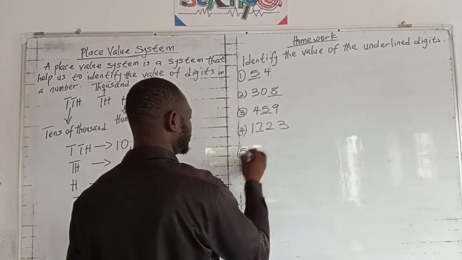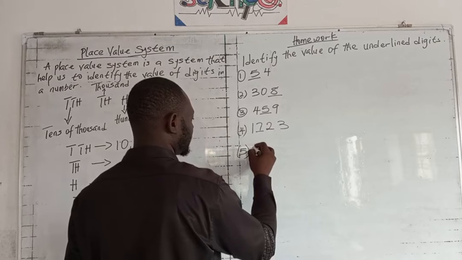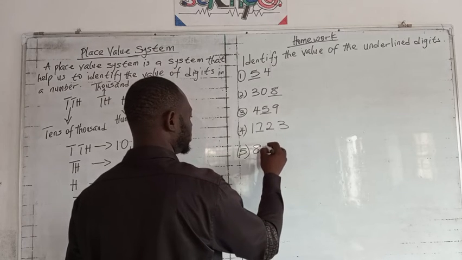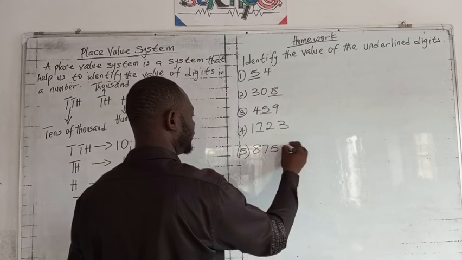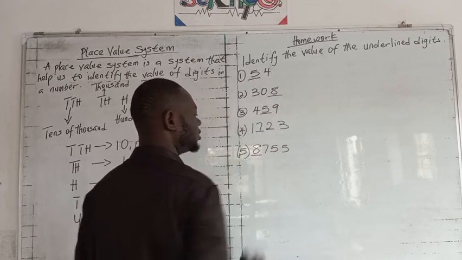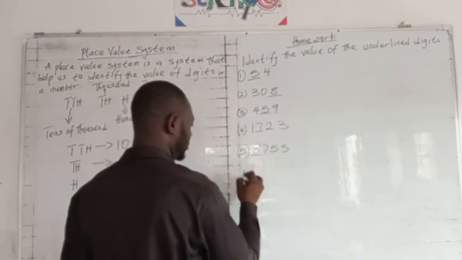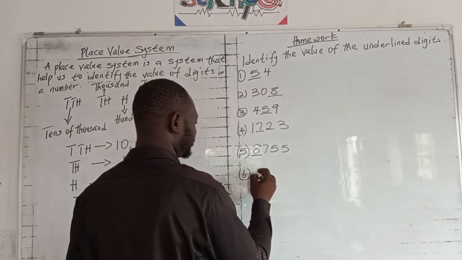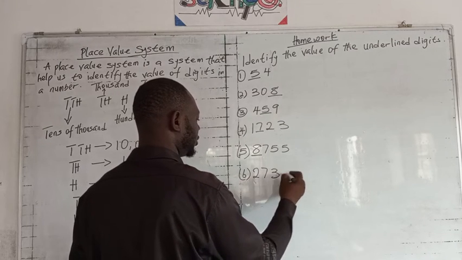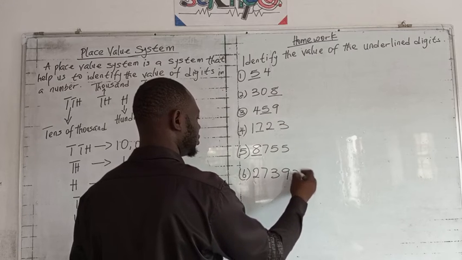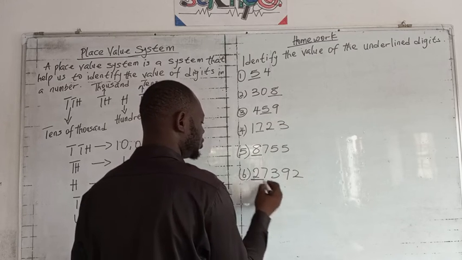Number 5, 8,755. 8 is underlined. Number 6, 27,392. 2 is underlined.